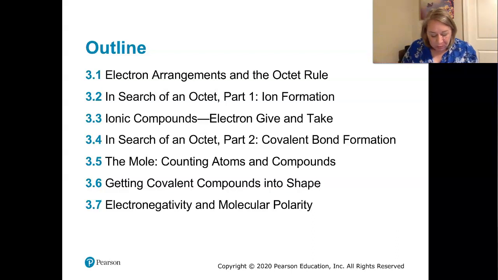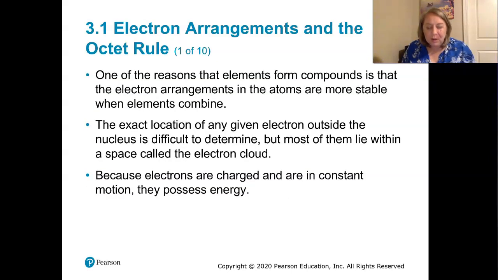So let's move on a little bit and talk about electrons, because electrons control why atoms want to combine. Last chapter we talked about the nucleus and what was going on there, and now we're moving out into that electron cloud, and we're going to figure out what that is.